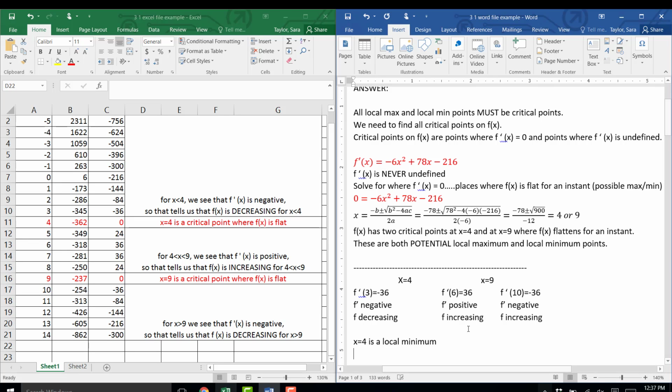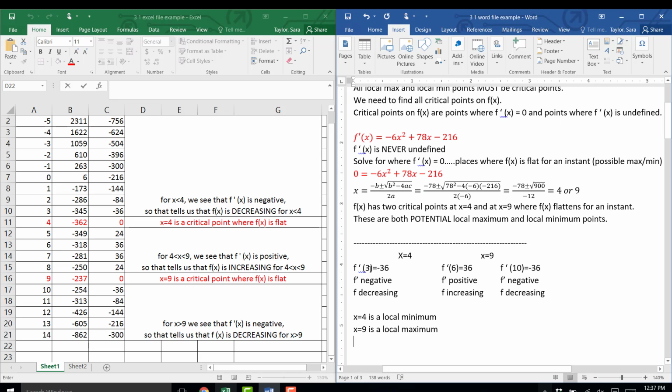And we can now conclude, if you look at x equals 9, on the left side f is increasing, then it flattens at x equals 9, then, oops, I wrote here increasing, my fault, it's decreasing. Remember, decreasing, I just wrote it wrong. So it's increasing on the left, and at x equals 9, it flattens, and then after x equals 9, it's decreasing. So that means x equals 9 is a local maximum.